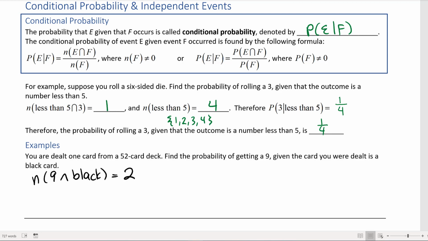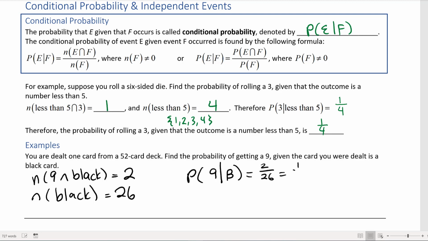The number of black cards total in the deck is 26. So the probability of getting a 9, given that it's black, is 2 out of 26, which is 1/13. If you get the information that it's not red, then it takes all of those red choices out of the mix, and you're just trying to find the probability of a 9 out of the black cards.